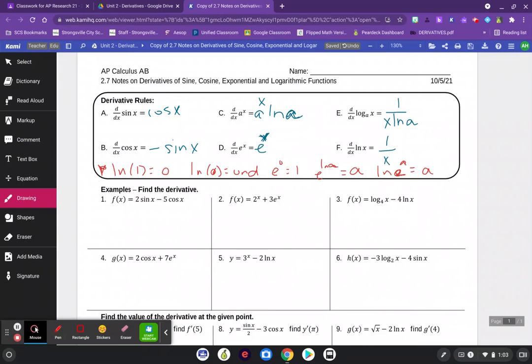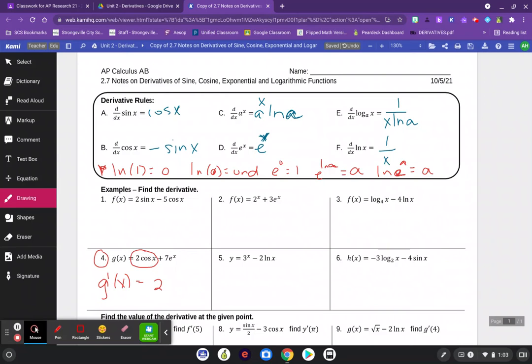So I'm just going to do one of each here for you so that you have something to think about and work on. I'm going to go ahead and do number 4 in this set of problems. If I'm finding the derivative, I need to indicate that by writing g prime of x. Anytime I have a coefficient with a function, I'm just going to rewrite that coefficient.